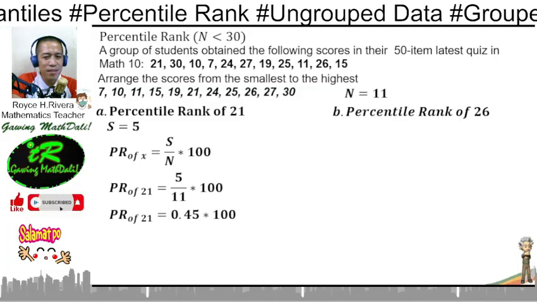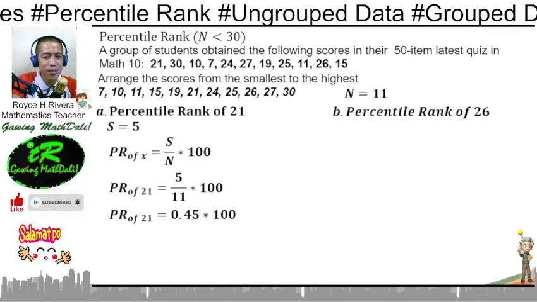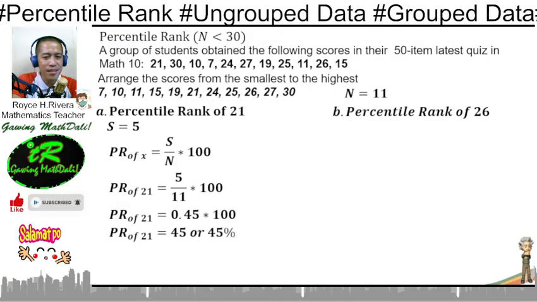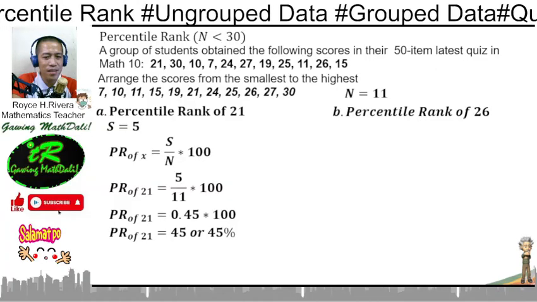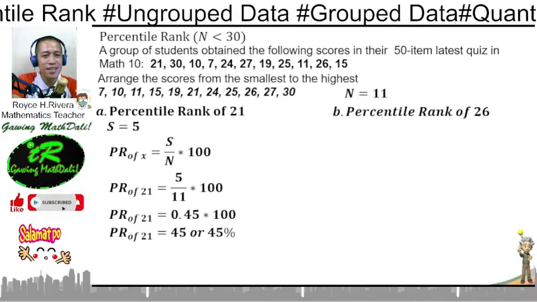We evaluate 5 over 11, so that is equal to 0.45 times 100. So we will obtain the percentile rank of 21 equals 45 or 45%.